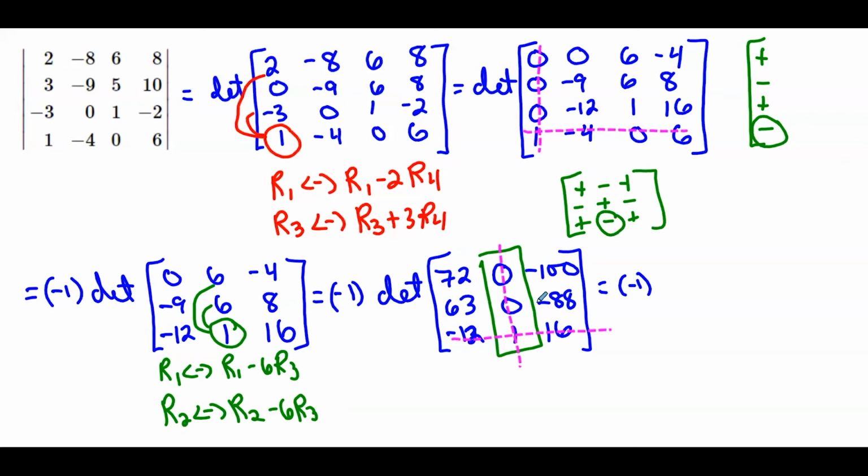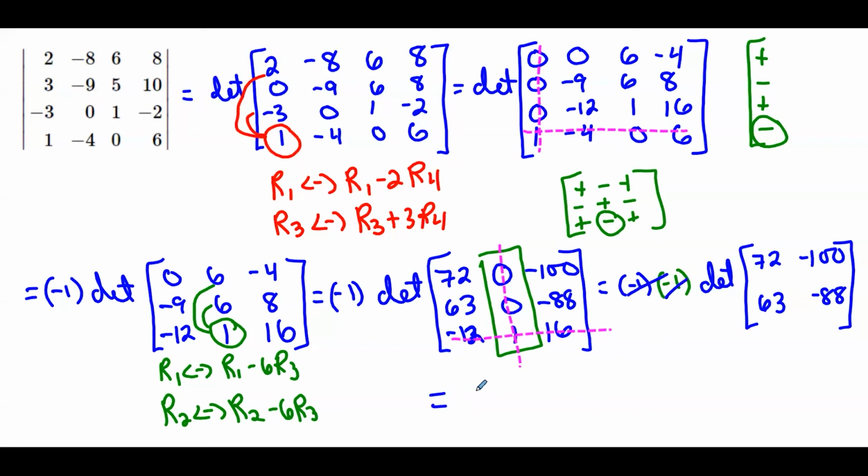In that position, I need to multiply by negative 1. So I'm going to have another negative 1 here times the determinant of 72, 63, negative 100, negative 88. So these cancel out. So this is 72 times negative 88 minus 63 times negative 100.